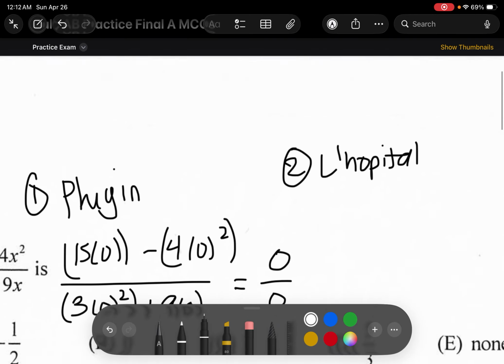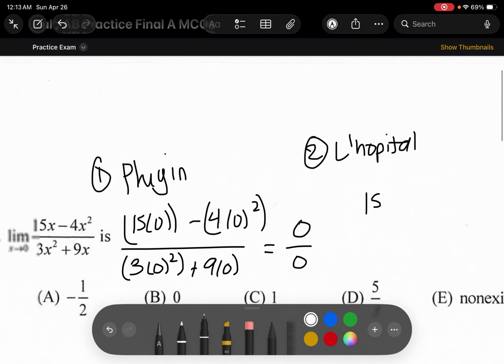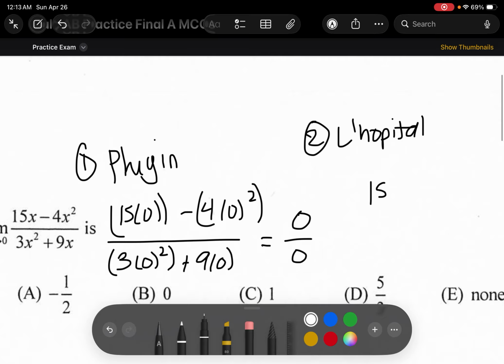So now we're going to derive everything. The derivative of 15x is going to be 15. The derivative of negative 4x squared is going to be negative 8x. The derivative of 3x squared is going to be 6x. The derivative of 9x is going to be positive 9.